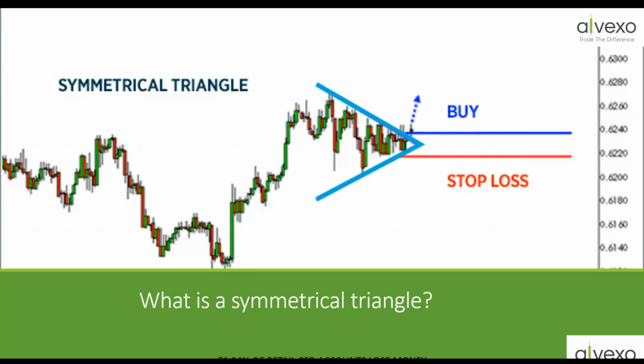So you would set your buy at the, let me get my marker back on here, at the open of the second candle, and you would set your stop loss slightly below the lowest wick prior to the breakout.